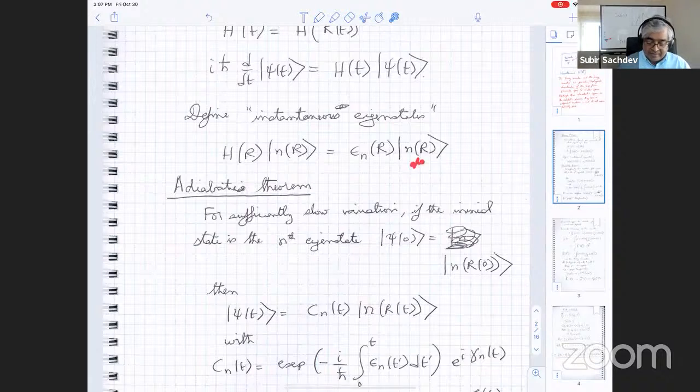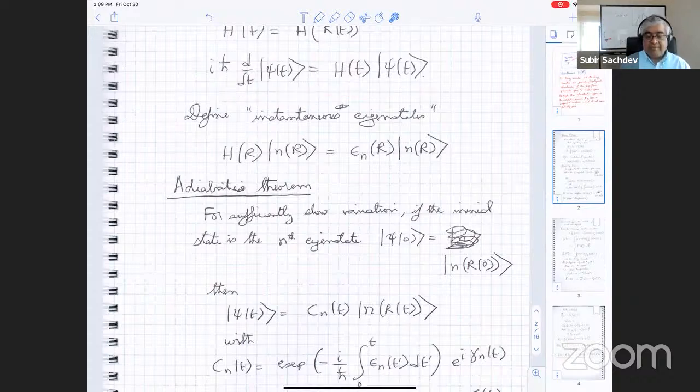Because of that, for many years, people kind of ignored this phase because it seemed like, well, you can choose it, so why should we worry about it? It's just a convention. Well, that's true up to a point, and that's where we want to get to. All right, so you've diagonalized for every R, and now you want to go back and solve this equation.